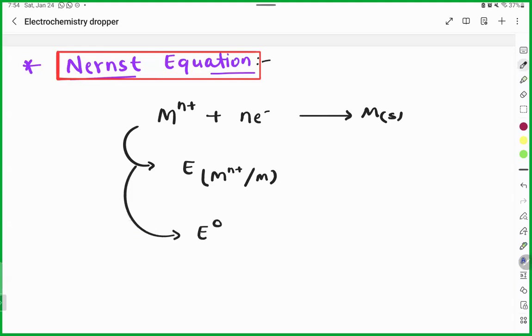And E naught, what is the meaning of E naught, Rayan? E naught is standard reduction potential. Standard reduction. So what is the difference between reduction potential and standard reduction potential?